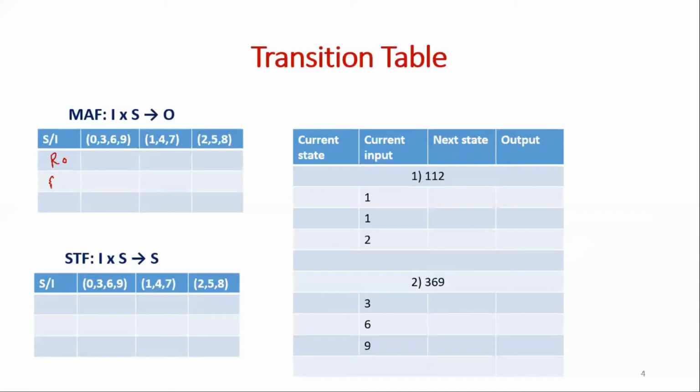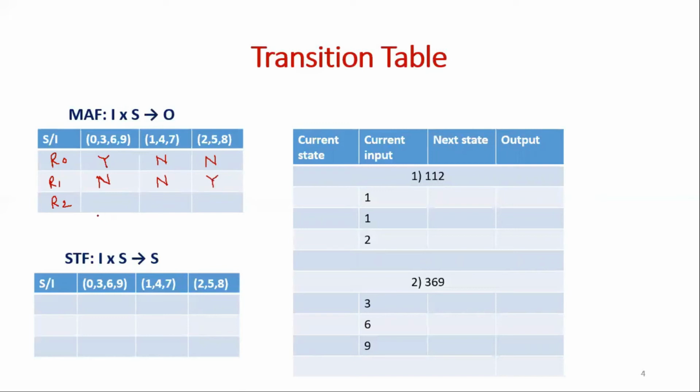R0, R1 and R2. In R0, if input is 0369, output will be yes. If input is 147, output will be no. Input is 258, output will be no. Then in R1, if input is 0369, output will be no. Then if input is 147, output will be N. If input is 258, output will be yes.